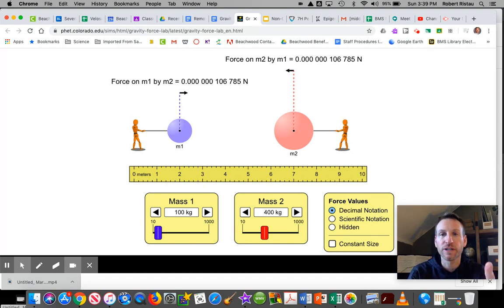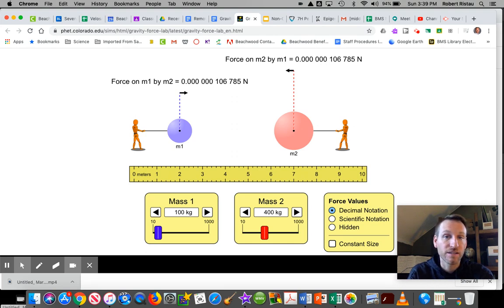That makes it a little bit confusing for this lab, so you're going to want to make sure that you recognize we're talking about objects that have really small masses, small in terms of the gravitational field that they produce. We're not talking about something as big as the moon or planet Earth or the sun. We're talking about something really small, like the size or weight of a human or a couple of humans, and that's it.